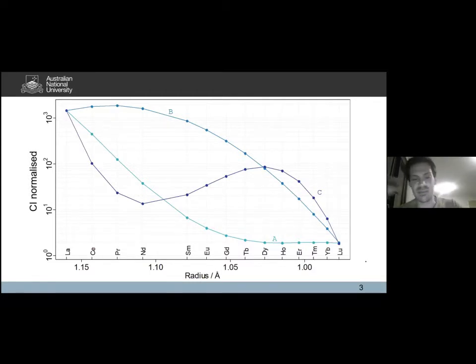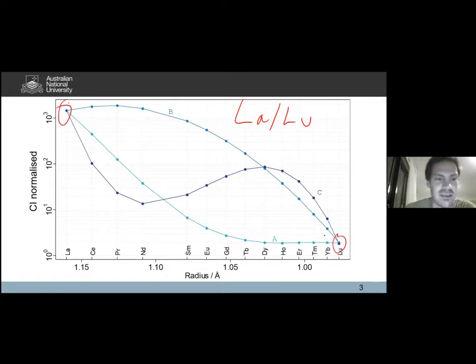And you can talk a lot about them. You can describe them in words, you can describe them in figures, but what if you would like to describe them with some kind of quantitative number that gives you information about what it looks like or what the properties of the patterns are? So a very common parameter is lanthanum over lutetium. We take this, divide by this.